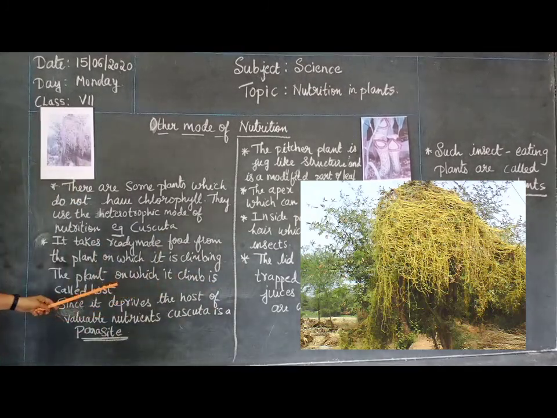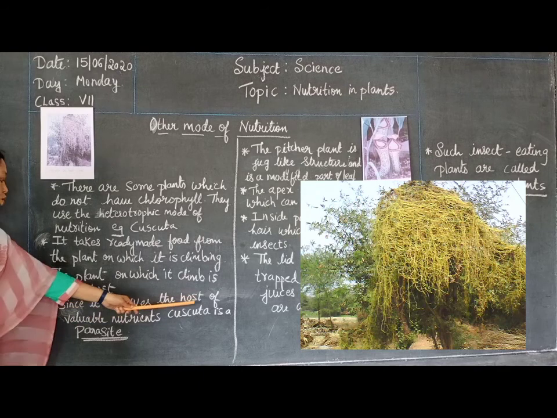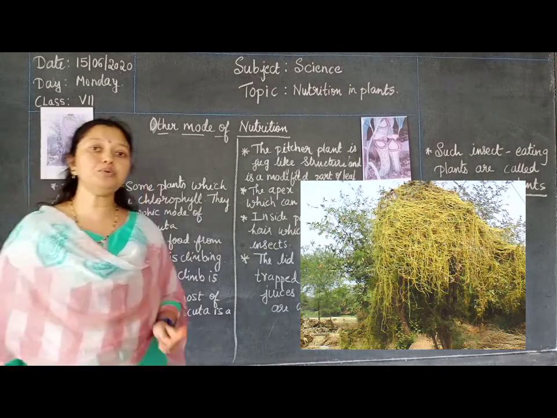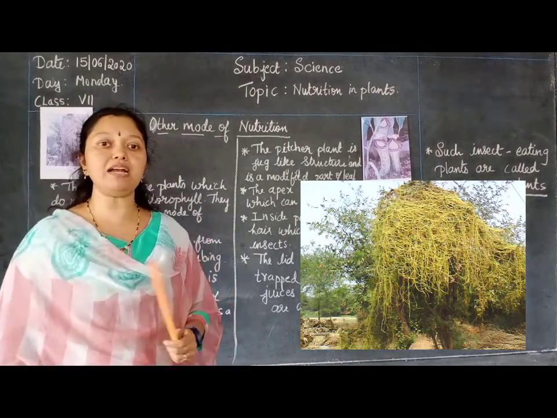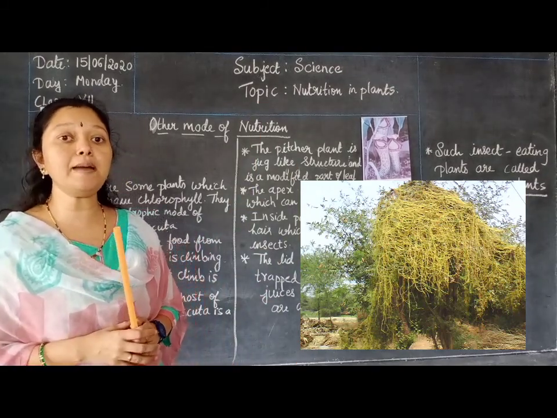Since it deprives the host of valuable nutrients, cuscuta is called a parasite. As it gets nutrients from other plants by climbing on them, it is called a parasite.